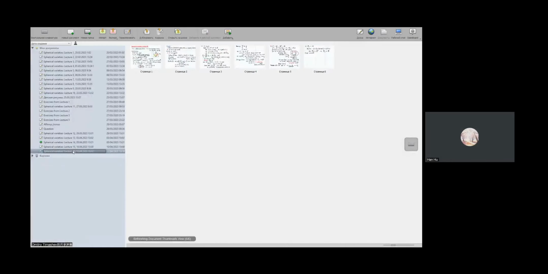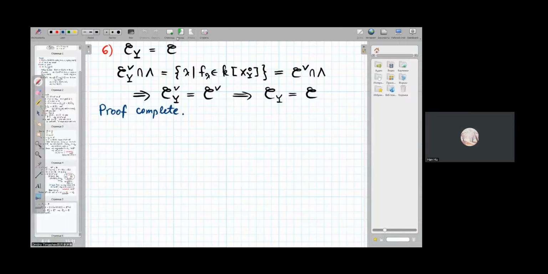Well, in the remaining time, let's discuss some most simple, most elementary examples. I would like to discuss it with you. Examples.